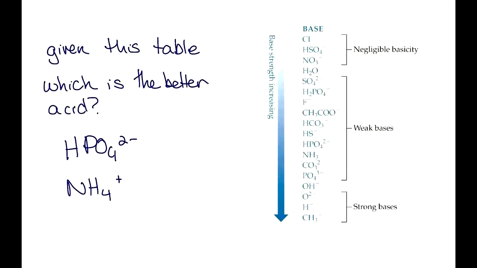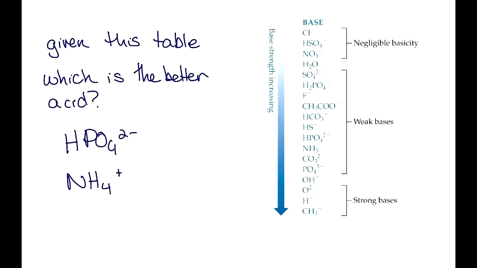Given this table, what's a better acid, this proton or this proton on ammonium? Did I give you acids? Nope. Can we not answer this then? Nope, you can. What's the idea here? These are acids.